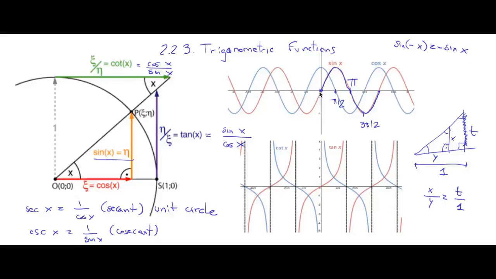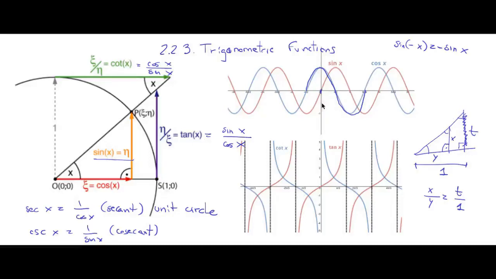As you can see, the copy of the function in the negative part of the x-axis is the same as the positive one, but mirrored down against the x-axis. And the cosine is the same as the sine but shifted. It goes down and up, the same form, just shifted pi halves to the left.